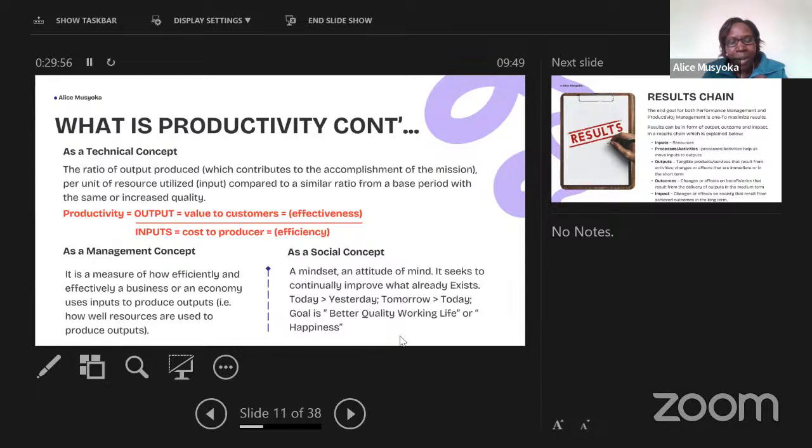We can ask a question there: can performance increase without productivity increasing? Can there be increase in performance without increase in productivity? What do you think? Someone unmute yourself and tell us whether there can be increase in performance without increase in productivity.